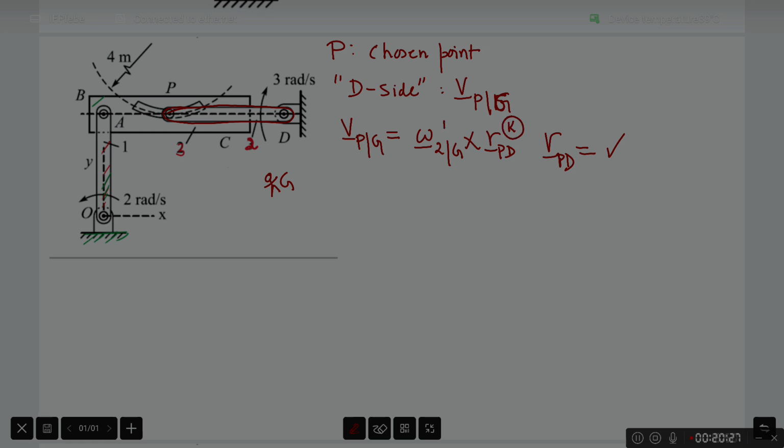Omega 2G is also a known quantity, and that makes VPG a known quantity. You use the numbers given on the first slide. VPG turns out to be 6J meters per second, where this is I hat direction, this is J hat. Now I want to write VPG from O side.